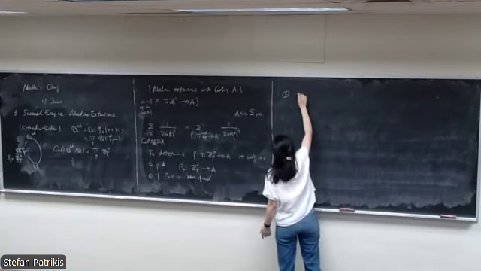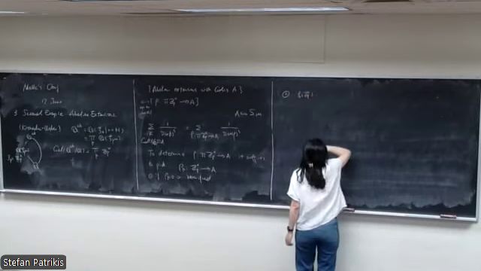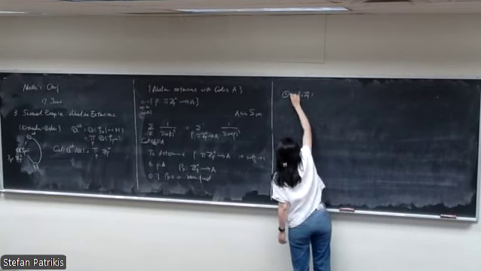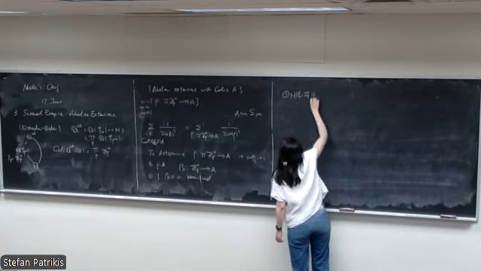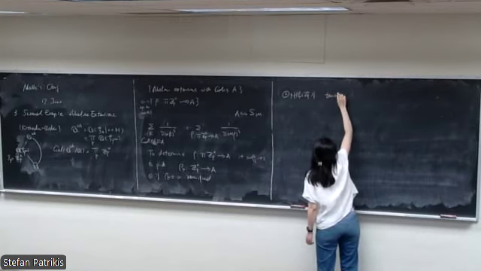And the second case will be when the image is not divided by P. And this is what we call tamely ramified.